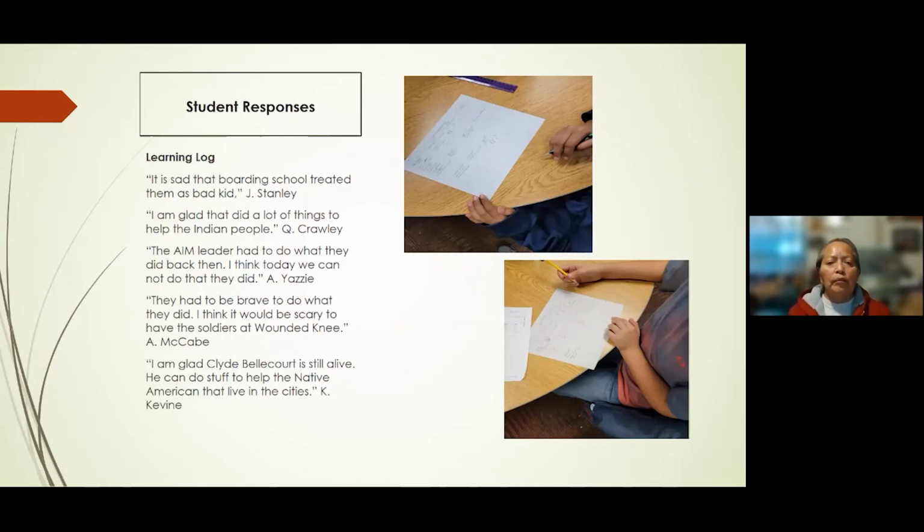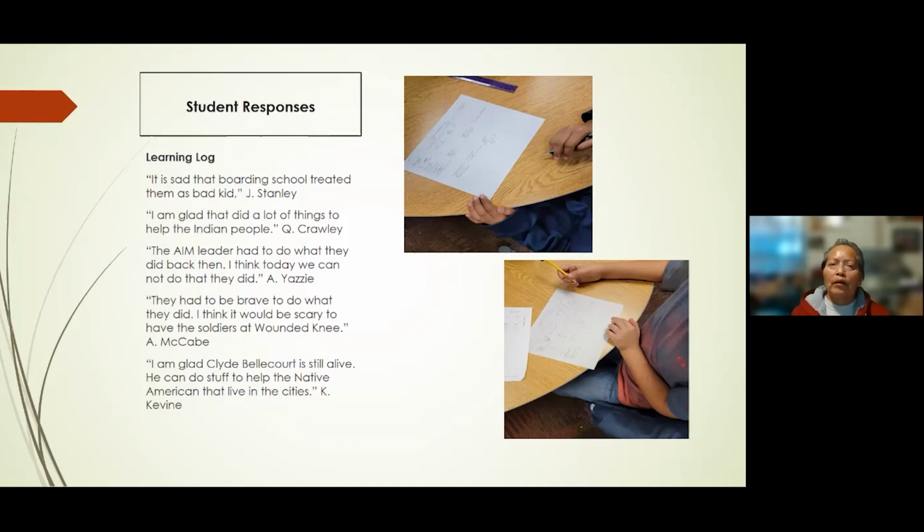Juana stated, I'm glad that they did a lot of things to help Indian people. And LJ stated, AIM leaders had to do what they did back then, but I think we can't do that today. Addison stated, they had to be brave to do what they did. I think it would be scary to have soldiers at Wounded Knee.